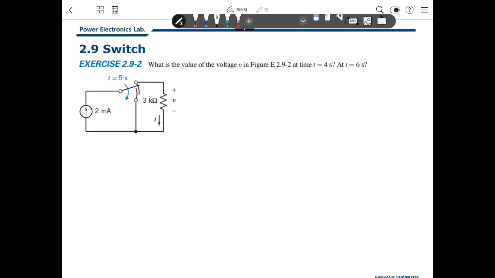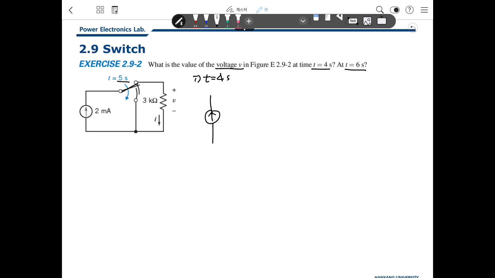This is another example. What's the value of the voltage V at time t is 4 and time t is 6? So we can draw this circuit at different times. At first, we think about t is 4 seconds. The 4 is before the 5, because this switch operates at 5, and normally this switch is connected to this point.